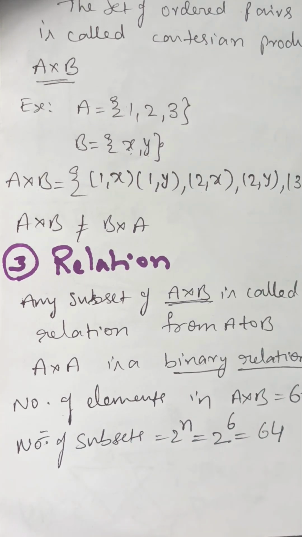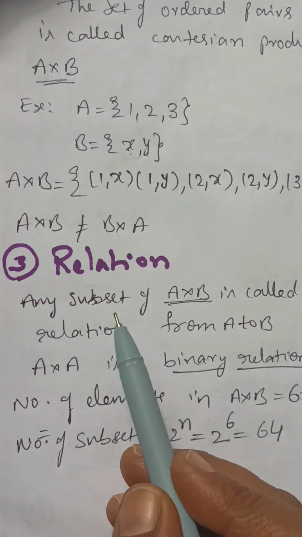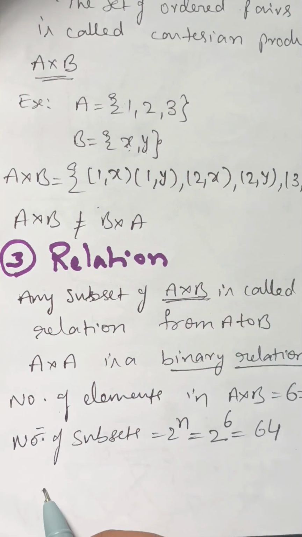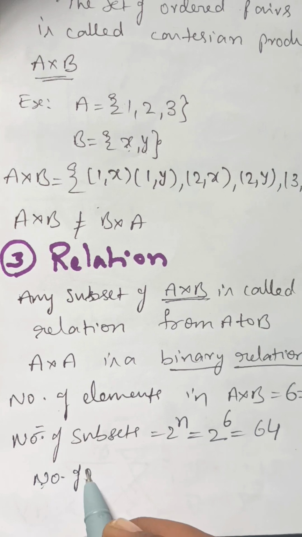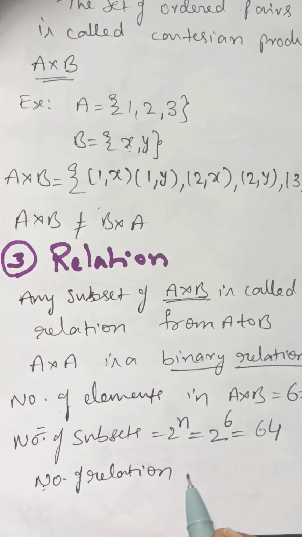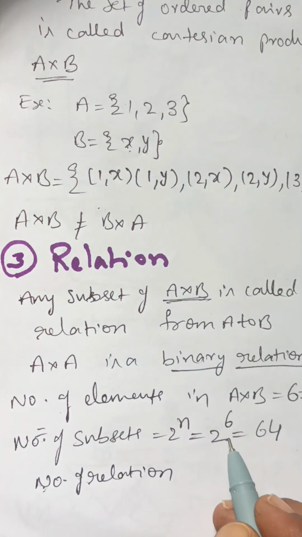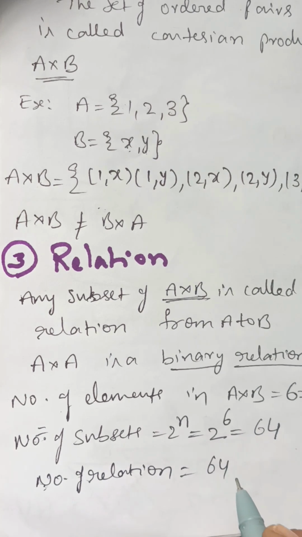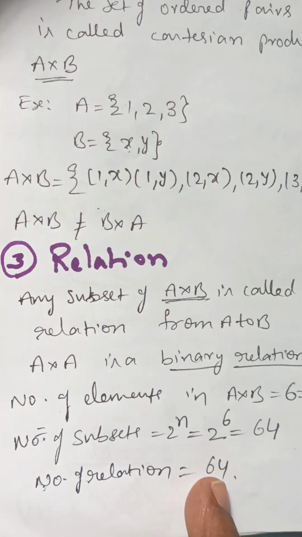So totally there are 64 relations we can form from the above example. So the number of relations in this example is 2 power 6, 64. We can define totally 64 relations.